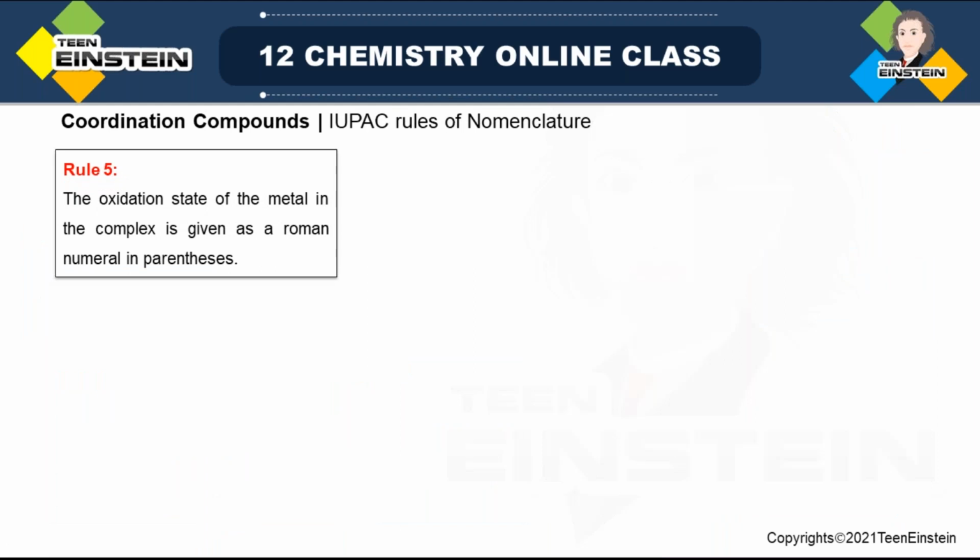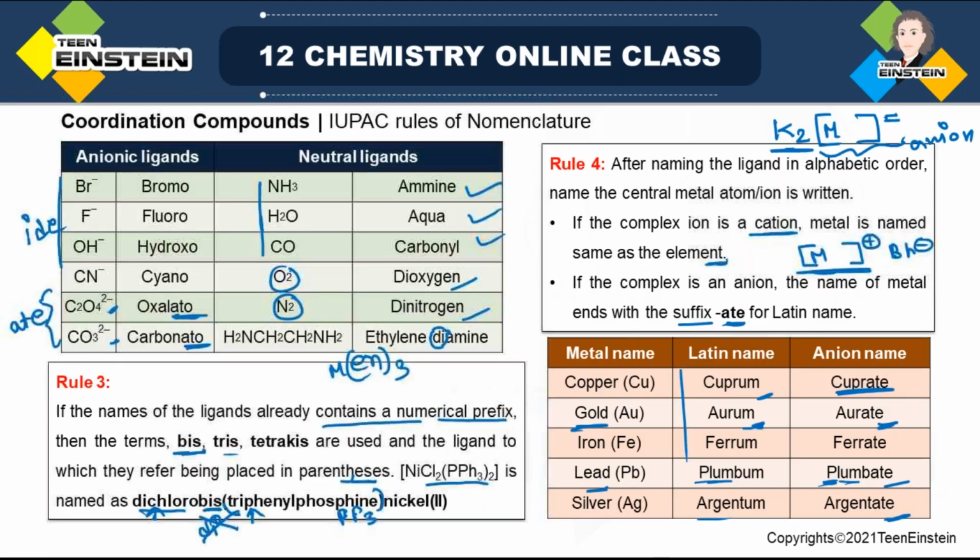Number 5, the oxidation state of the metal in the complex. You have to write it always in Roman numerals. So see the examples. Just take this example. Here, the oxidation state of nickel we have mentioned with a Roman numeral. But suppose you write nickel and in brackets you write 2, that is not the correct way.